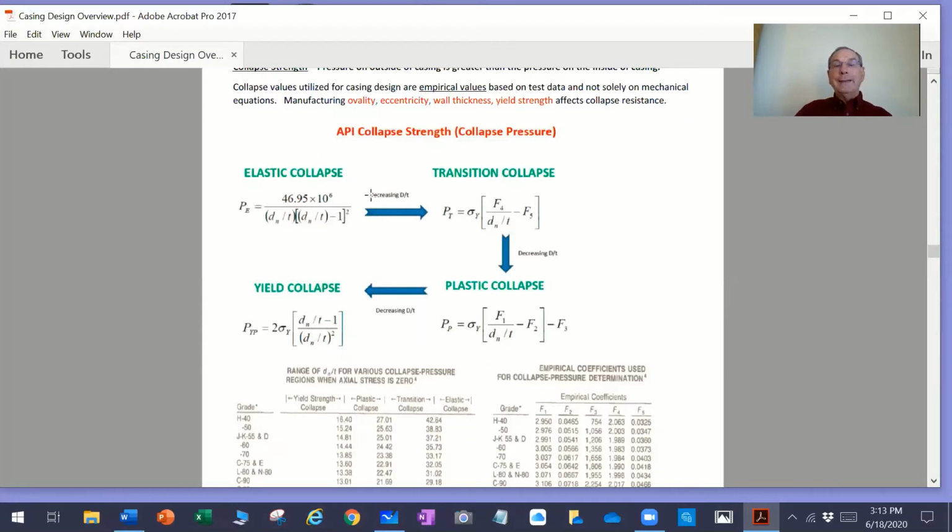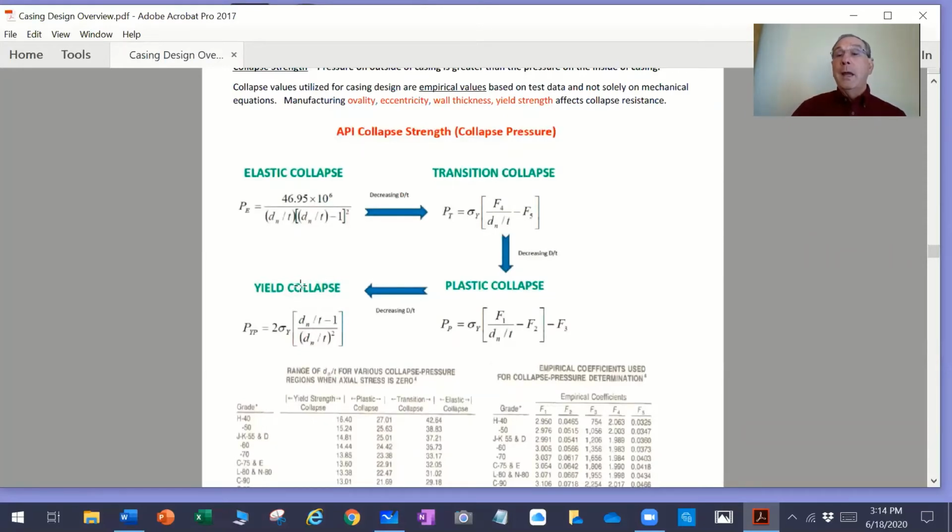So the elastic collapse equation would probably apply for something like 20-inch casing. It depends on the wall thickness, of course. And then transition and plastic would probably be applicable for something like 13 3/8 and 9 5/8 casing. And then the yield collapse equation would probably apply if you had something like some 5-inch thick-walled casing.